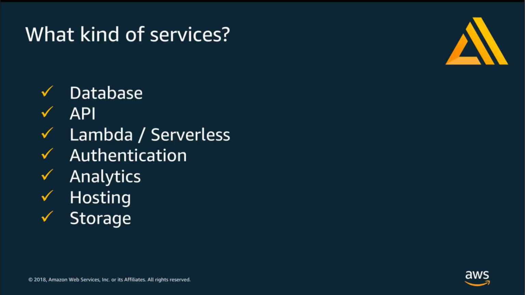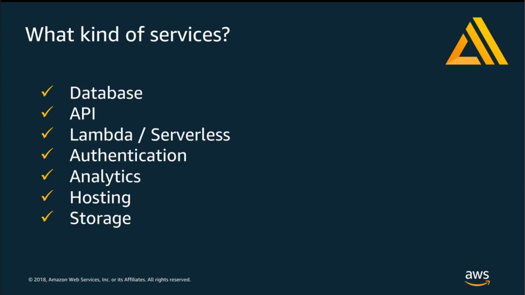We have an API service that allows you to scaffold and set up a complete end-to-end API. And there are a few different APIs that you can actually create. You can work with REST APIs. You can work with custom APIs that you build through AWS Lambda Functions, GraphQL APIs, a lot of really interesting stuff.